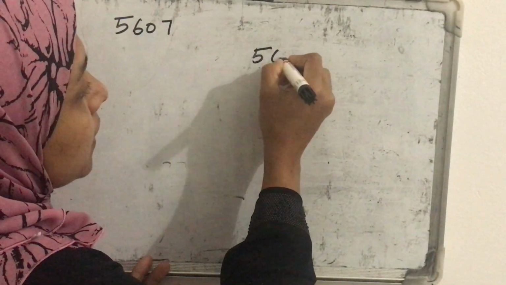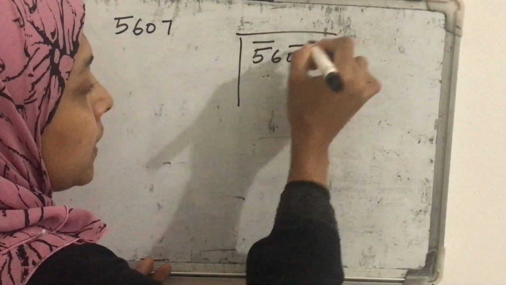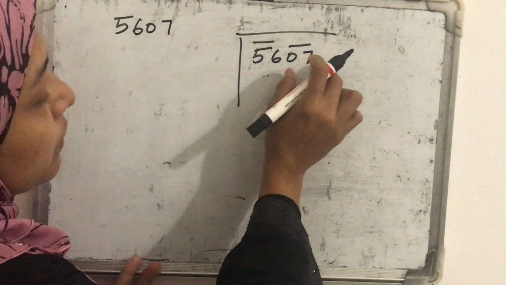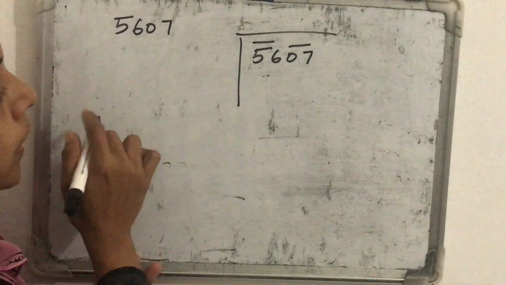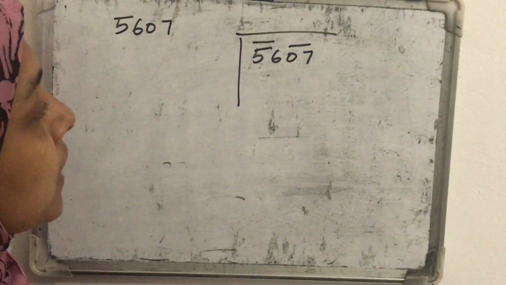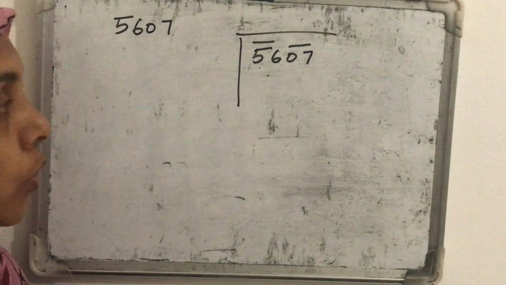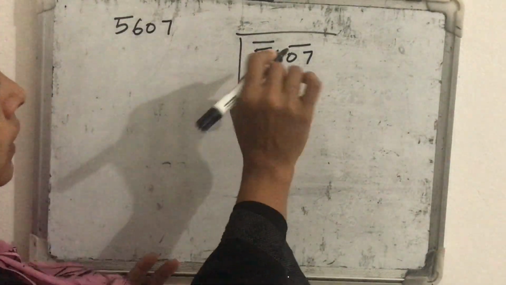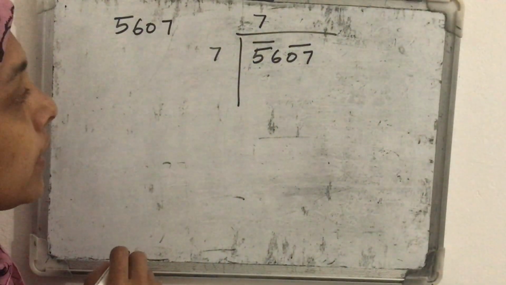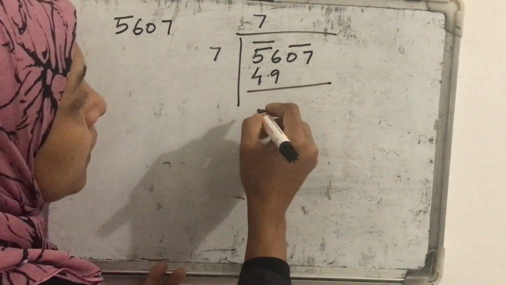So 5607. We place the bar for the first 2 digits and the units place and the next 2. Then find the square number which is just below 56, that is 49. The square root of 49 is 7. So 7 in the quotient, also 7. 7 into 7, 49.